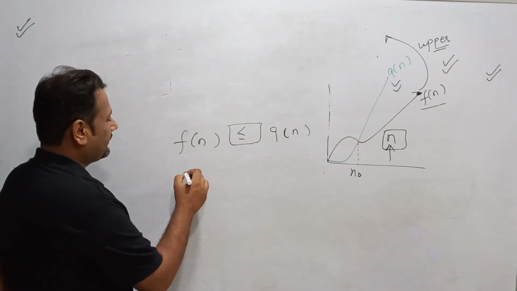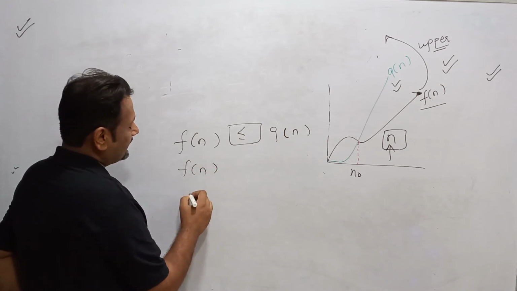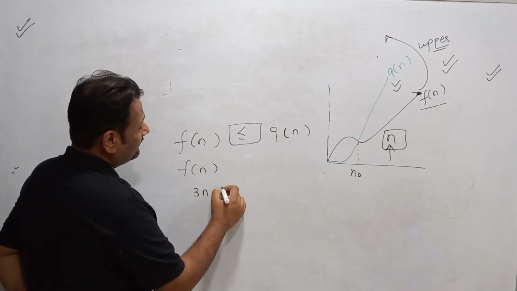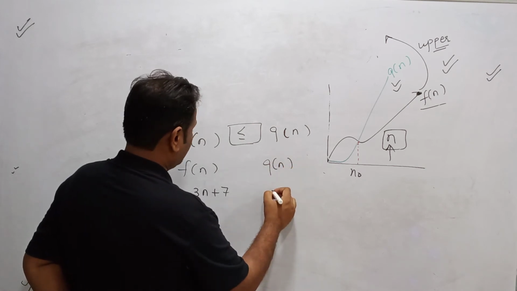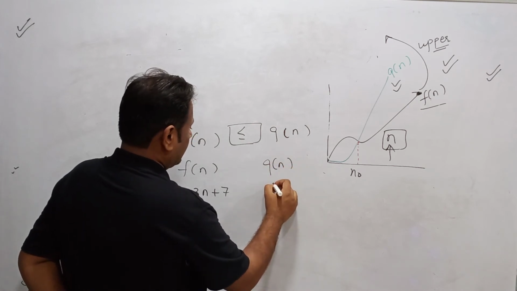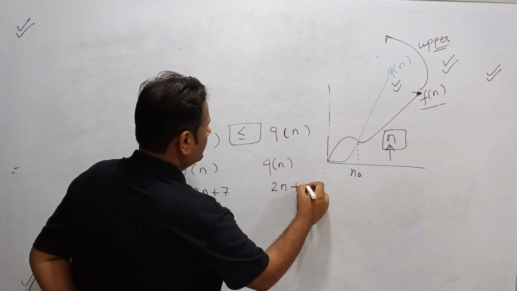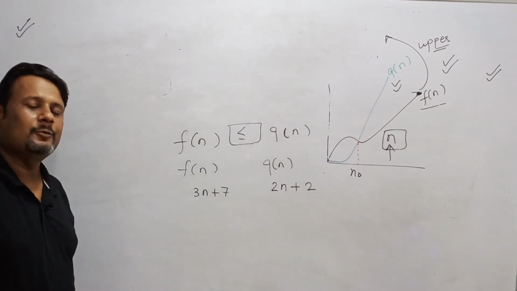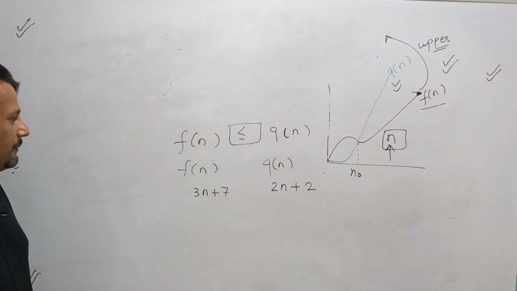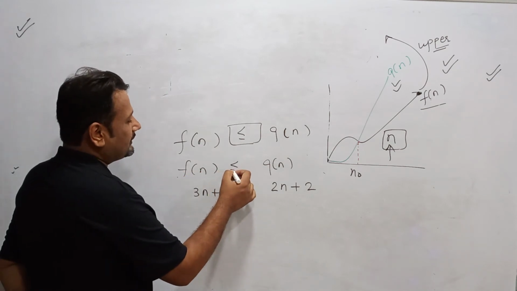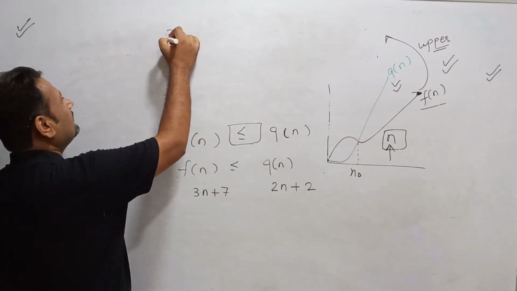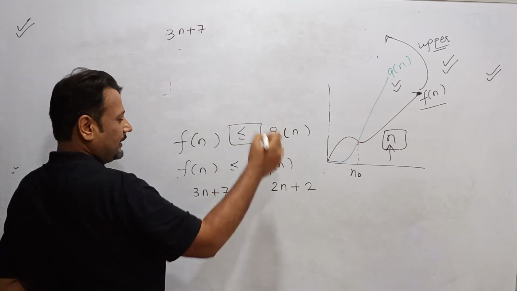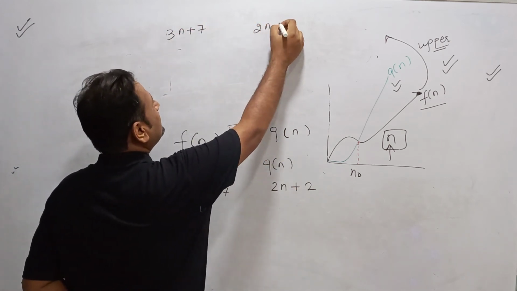Let me take one example. f(n) = 3n + 7, g(n) = let's say 2n + 2. Can we prove that this f(n) can be less than or equal to this? Let us try out. 3n + 7 here, and we have 2n + 2.